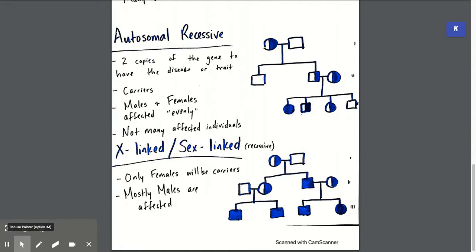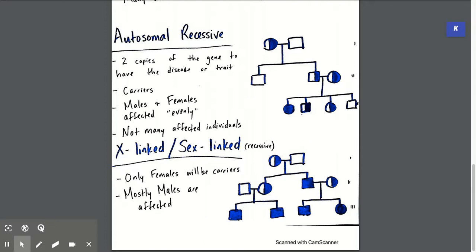Those are those individuals that have half filled in circles or squares. You will see males and females affected evenly. And essentially, there's really not many affected individuals.